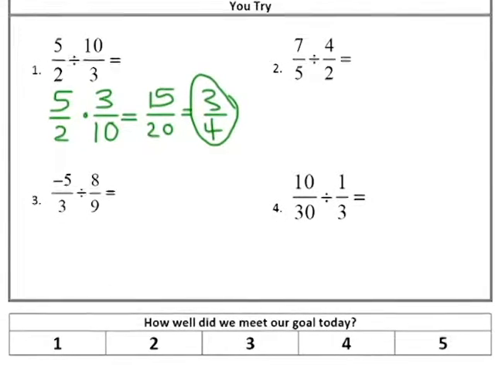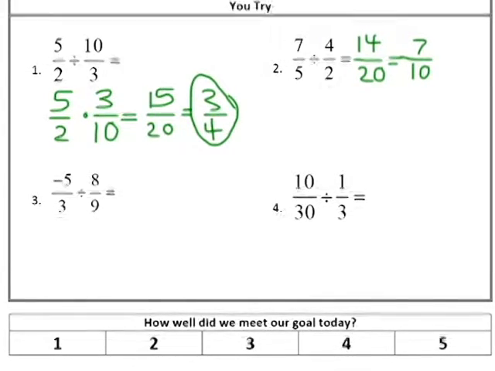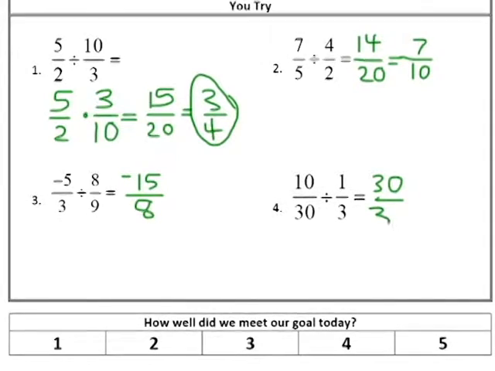Number 2 should be 14/20, which is 7/10. Remember, I'm not writing these out, I'm just giving you the answer. Number 3 is -15/8. Remember, you can leave it as an improper fraction. Number 4 is 30/30. Remember, anything with a numerator and denominator that are the same is equal to 1.